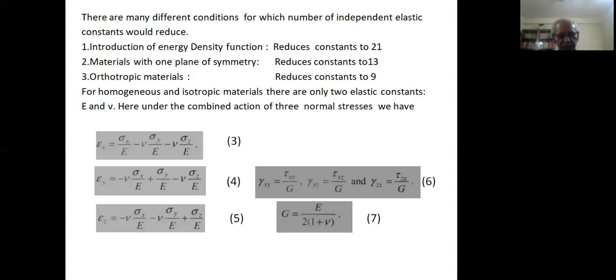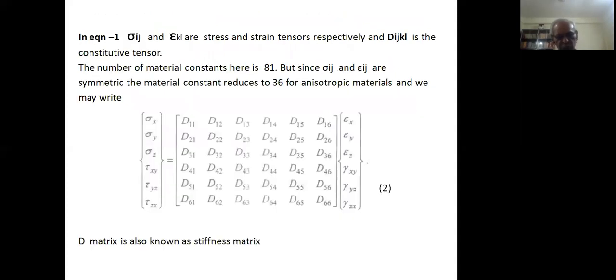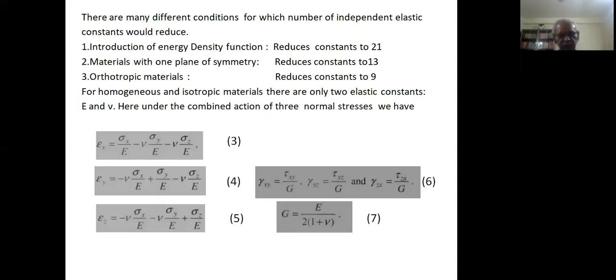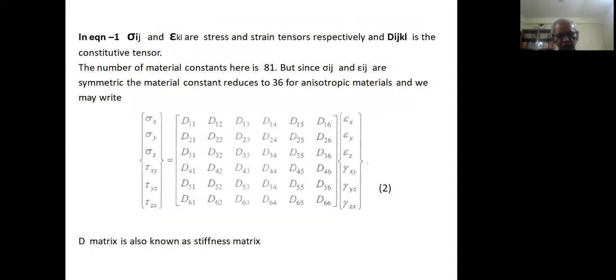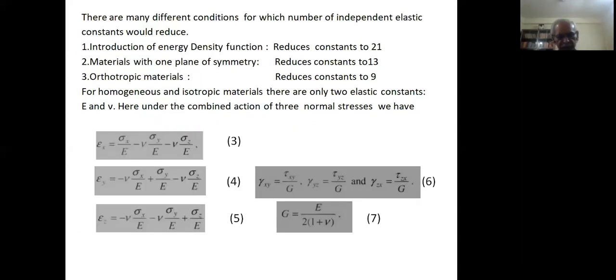Now let's look at equation 2 with respect to 3, 4, 5, 6, and 7. That means how do we put the values of D11 to D66 in view of equations 3, 4, 5, 6, and 7. Okay, so let's go there.